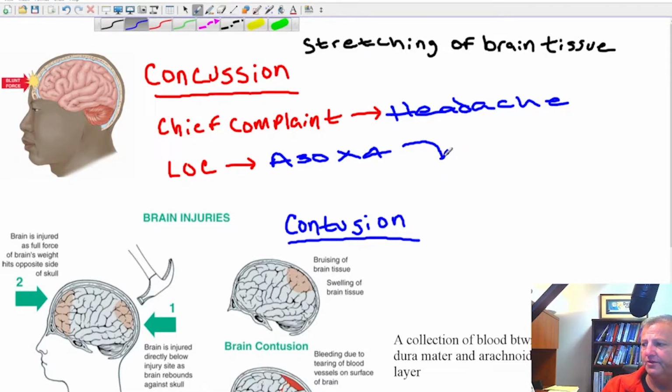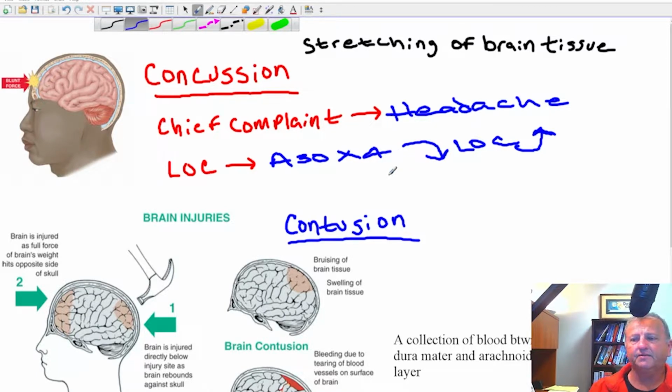So they'll generally have a decrease in the level of consciousness. But in a concussion, at some period of time, the LOC will start to improve. It will start coming back up.